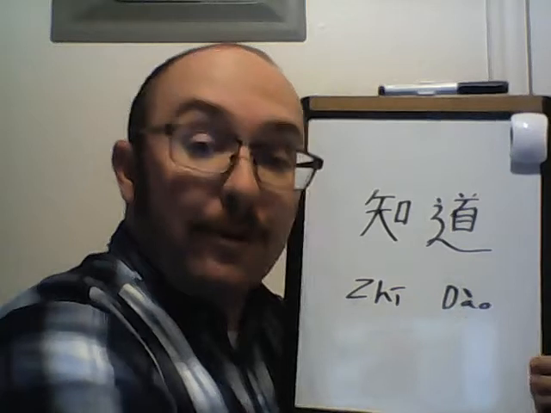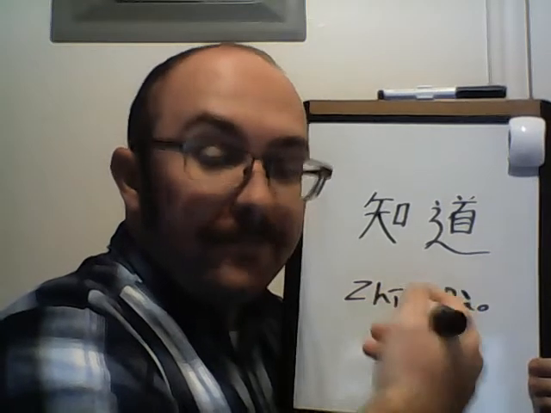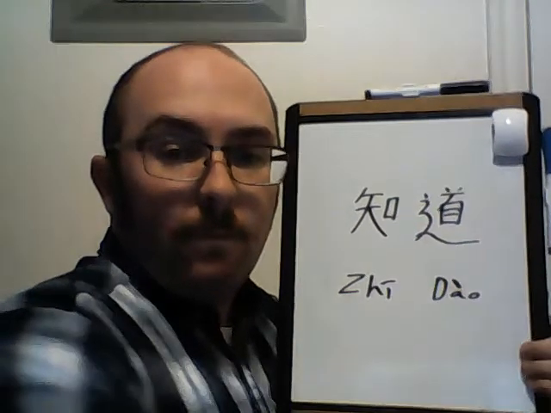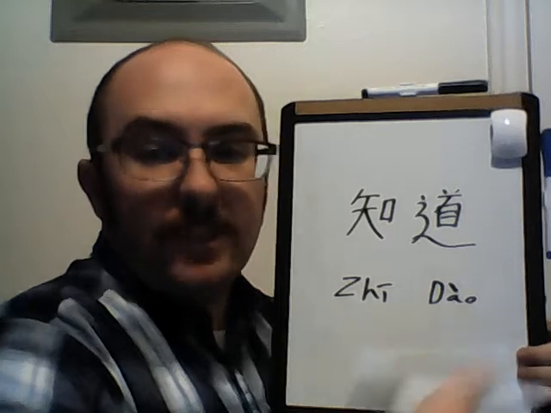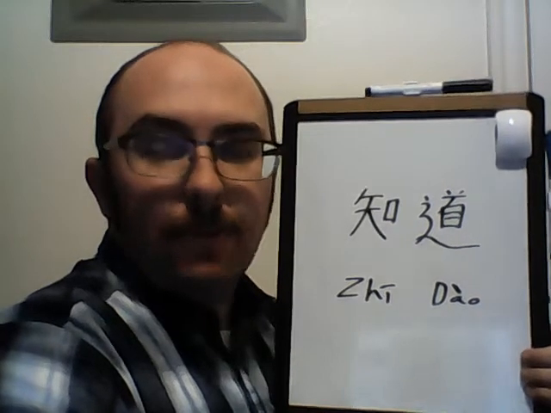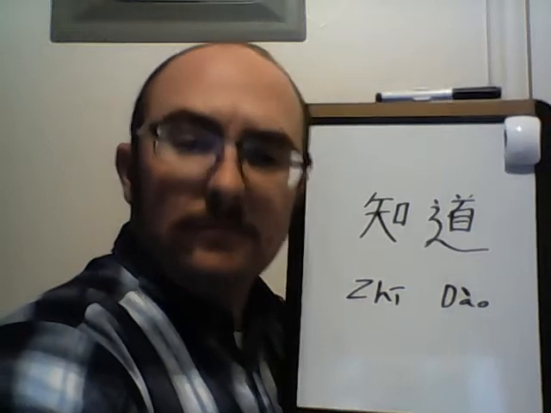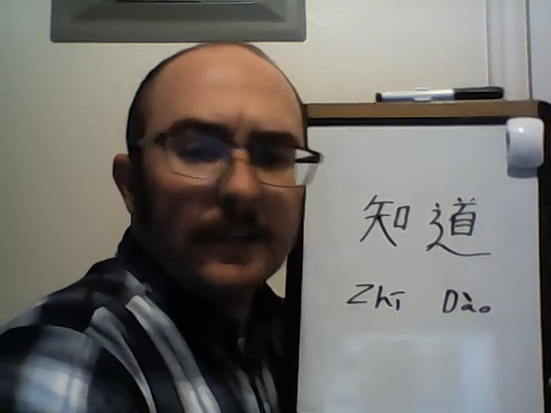So knowing a person, that's not this verb. This is, oh, I know he's really tall, with words that we've already covered. 我知道他很高.